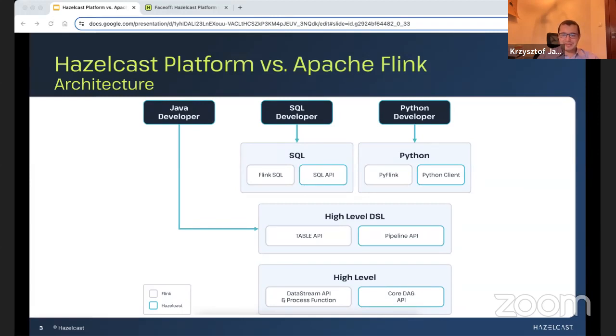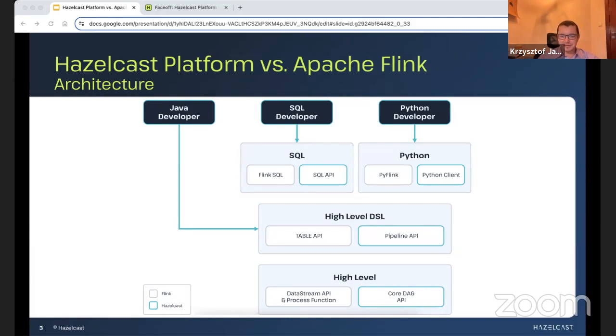And the highest level abstraction is SQL. So you can actually query your streams, aggregate the data, read from sources, and write to sinks using SQL, mostly standard SQL with some extensions which are specific to the nature of stream processing.